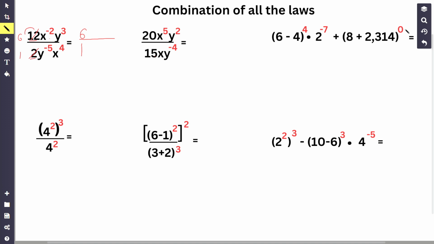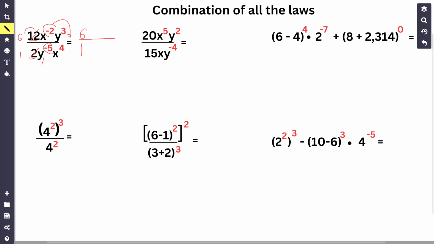Now let's go with the variables. As you can see, we have here a negative exponent, okay? And what do we do again with negative exponent to make it positive? We just bring it to the other side. So the x raised to negative 2 here will become x raised to 2 in the denominator.